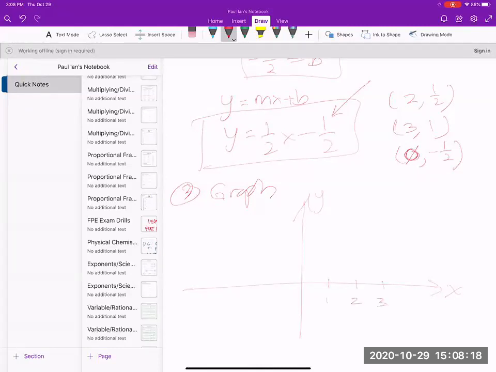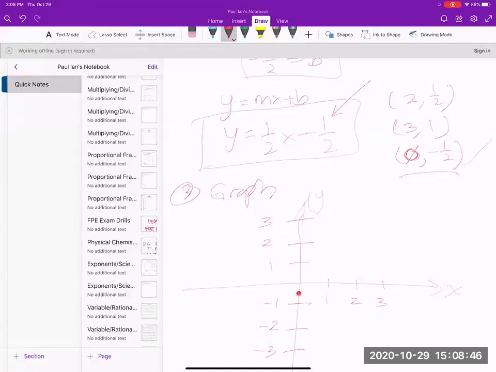Let's do this one first. 0, negative 1/2 is here, right? So negative 1/2 is there.